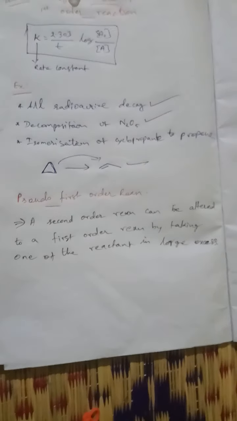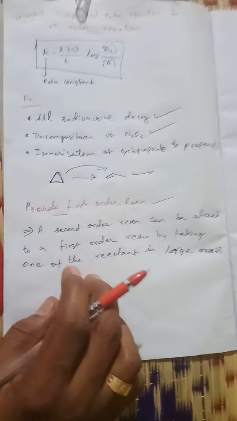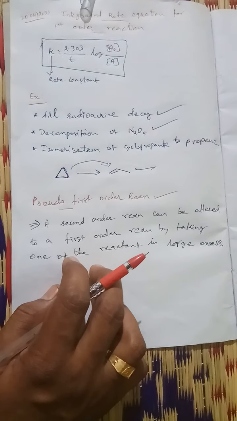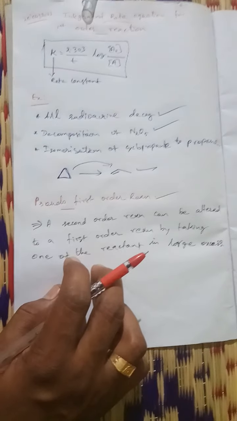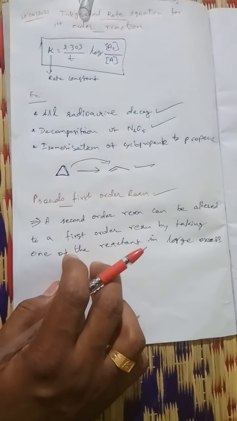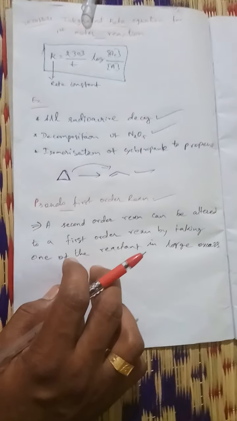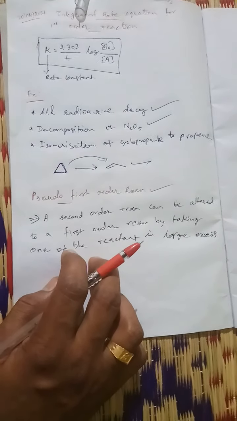Then let us discuss another important topic, pseudo first order reactions. In pseudo first order reactions, one of the reactants is taken in excess, but that reactant cannot affect the order of the reaction.